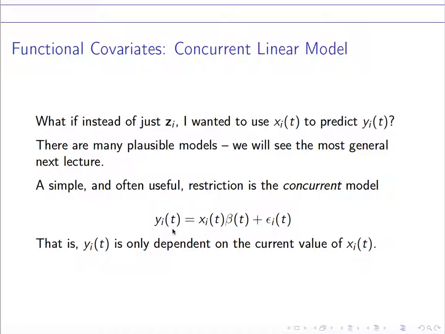The reason we call it a concurrent model is that we use the current value of x_i at time t to predict the value of the response at the same time t. Therefore, we call this a concurrent model.